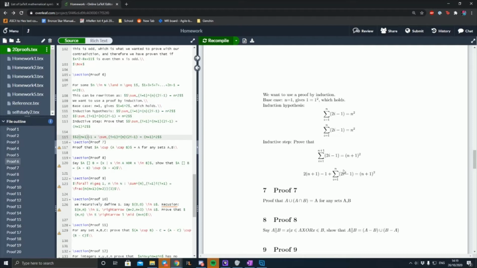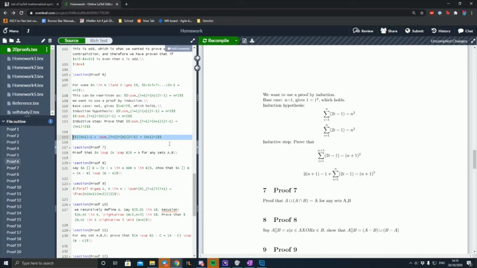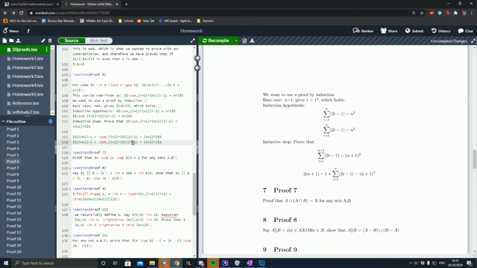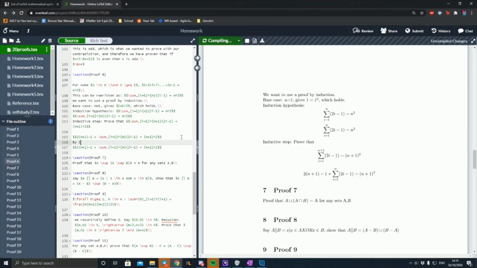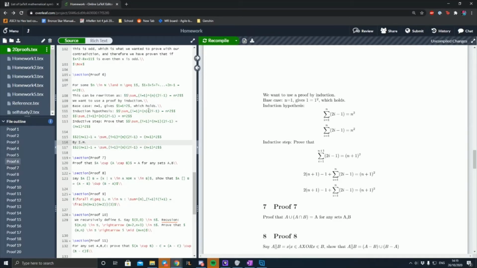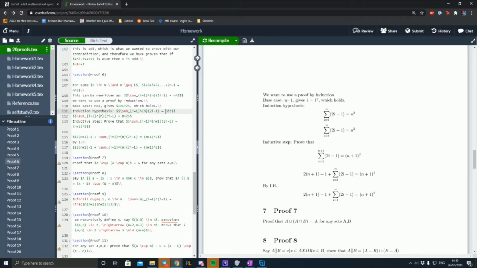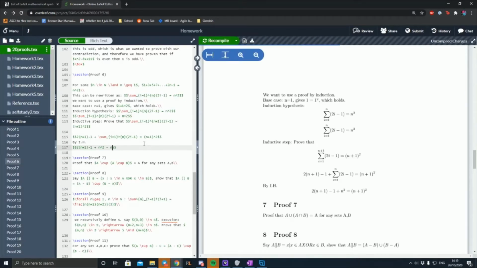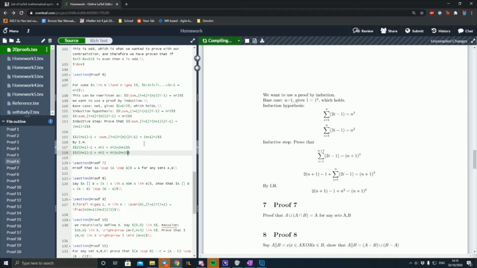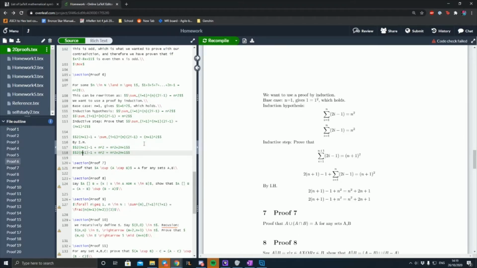By the induction hypothesis, the sum of 2i minus 1 from i is 1 to n equals n squared, so we can say this is n squared. Let's also take this out of the bracket, so this becomes n squared plus 2n plus 1. Then I will turn this into 2n plus 2 minus 1.